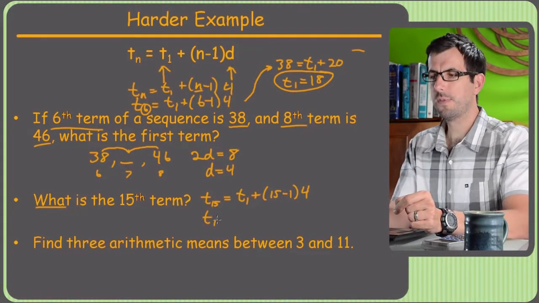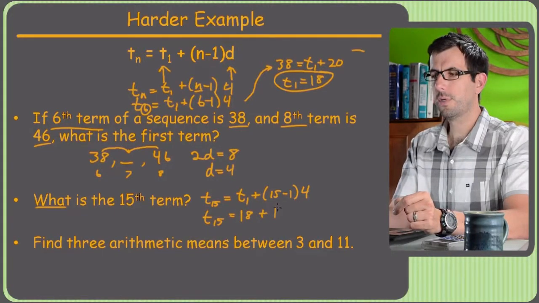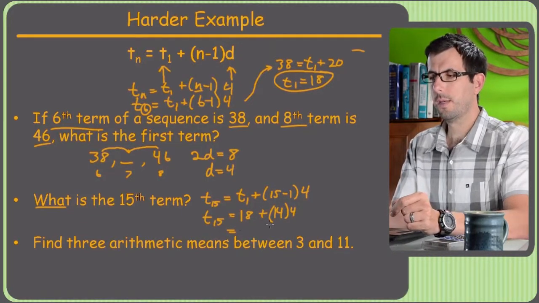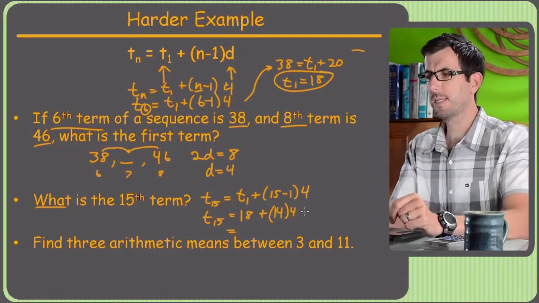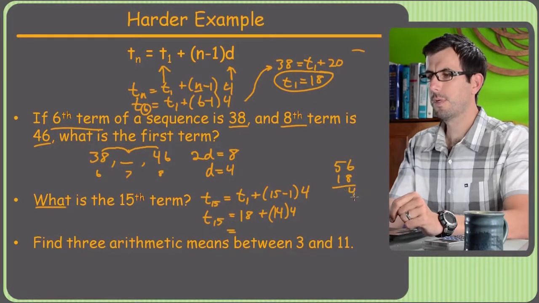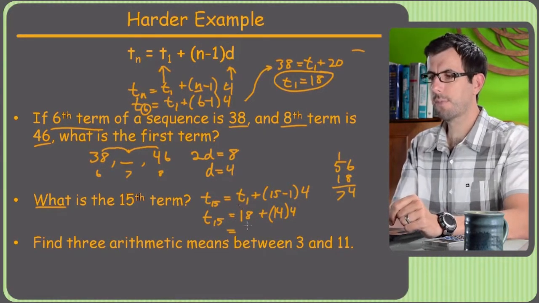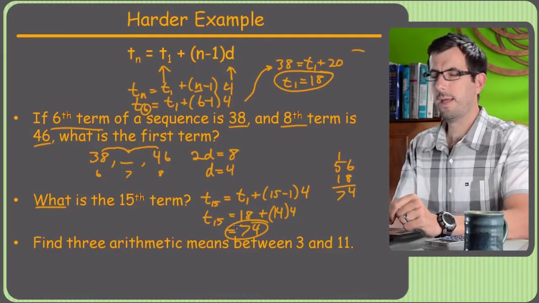So I get t sub 15, which is what they're asking me for, equals t sub 1, which I just found is 18, plus 14 times 4. Oh man, 4 times 14, 56, plus 18, 74. Correct me if I'm wrong. All right, 74.